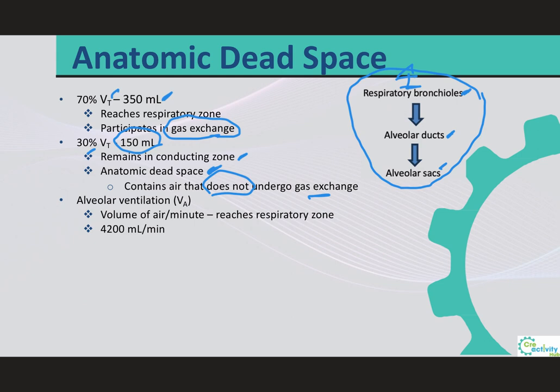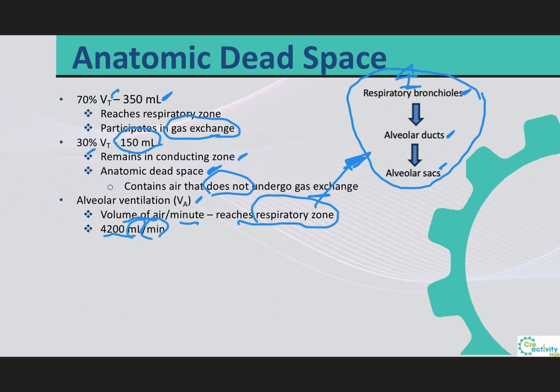So we can also say that the alveolar ventilation is going to be the volume of air per minute that actually reaches the respiratory zone. Therefore, that actually reaches the respiratory bronchioles, the alveolar ducts, and the alveolar sacs. And alveolar ventilation is typically about 4,200 mLs per minute.